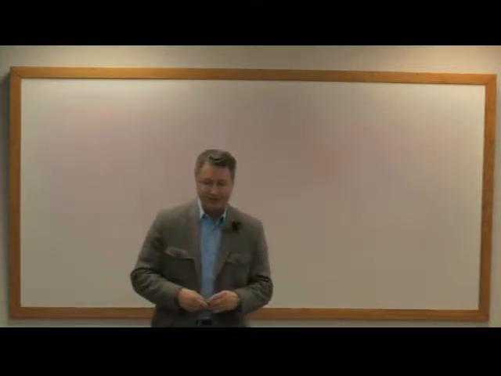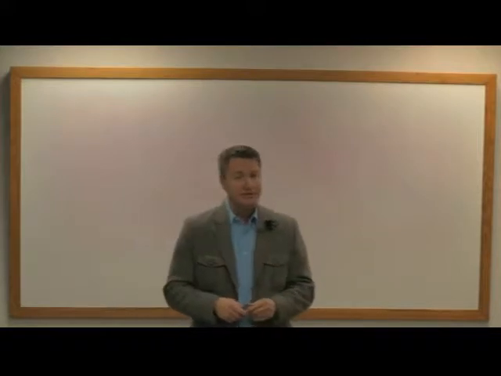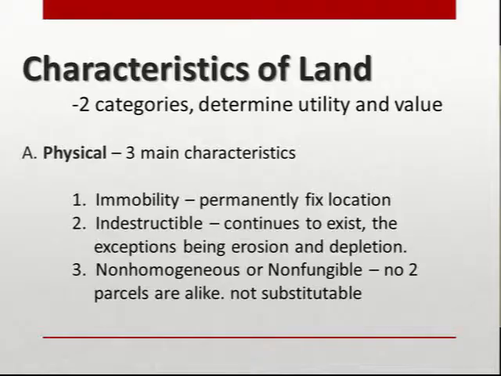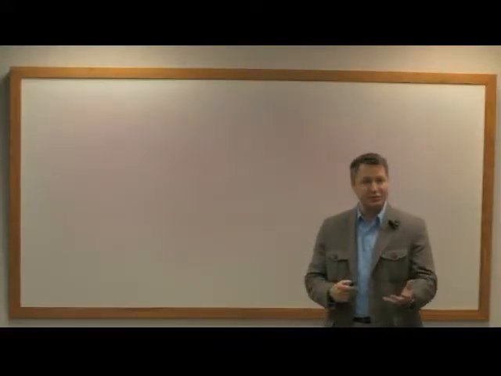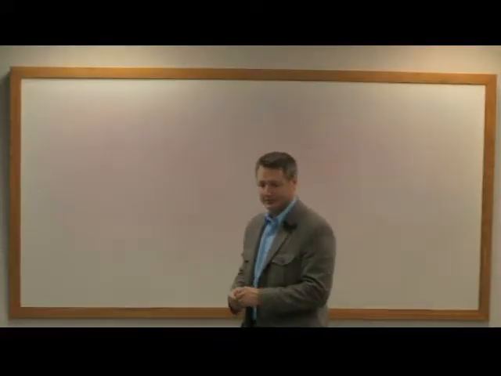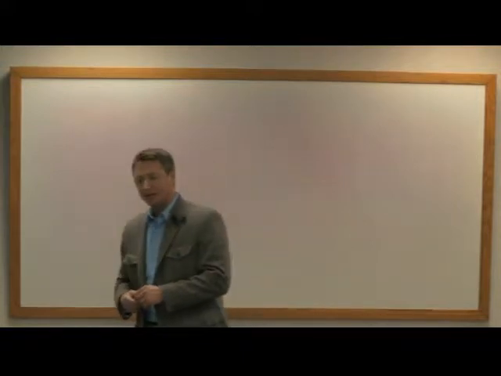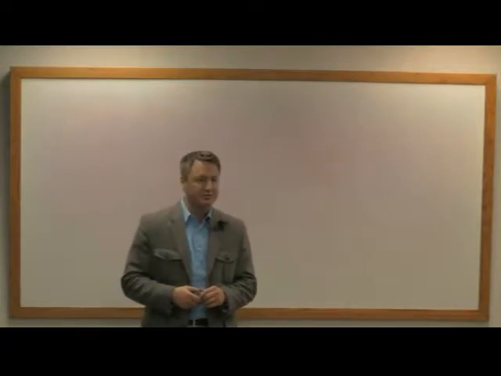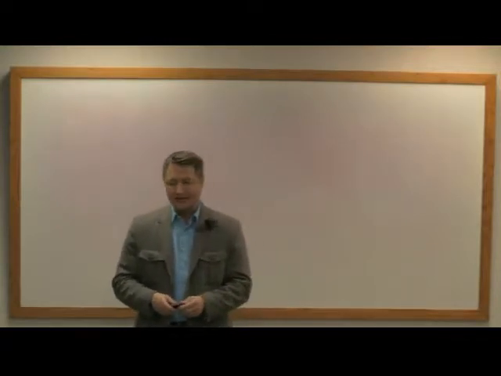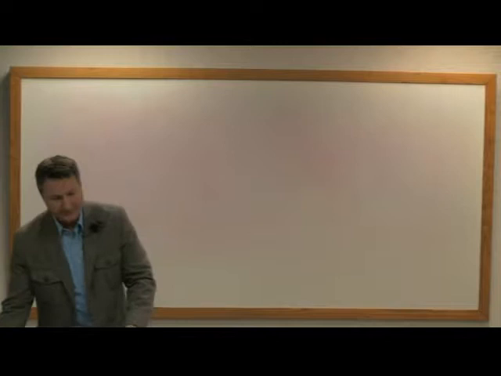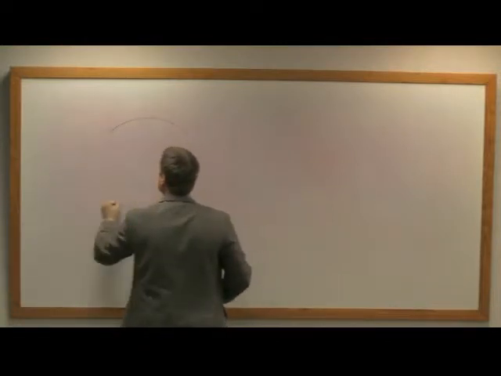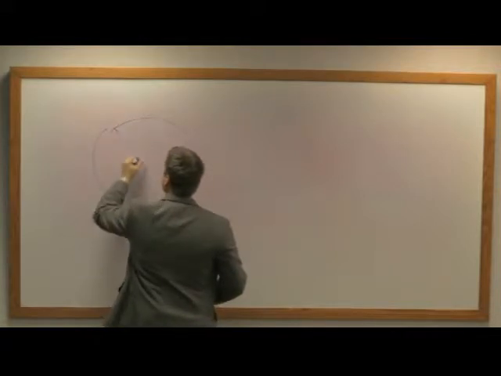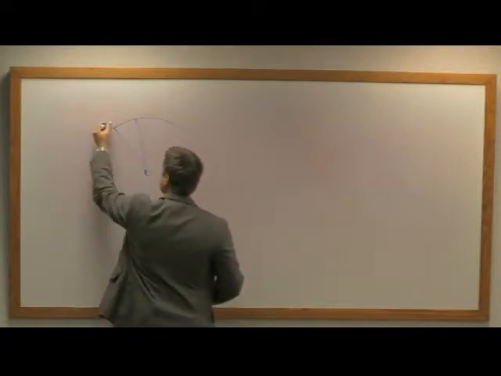So underneath these 2 categories, the first one we'll see, number 1, is immobility. Land is a permanently fixed location. It's not going anywhere. Number 2, it's indestructible. It continues to exist. When we have ownership of a piece of land, we own that land all the way down to the Earth's core.